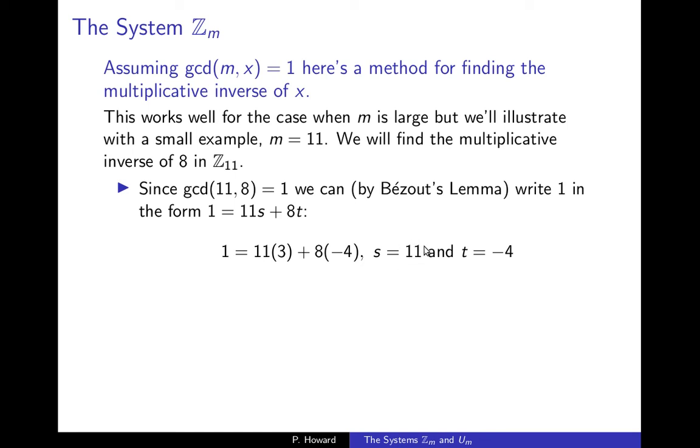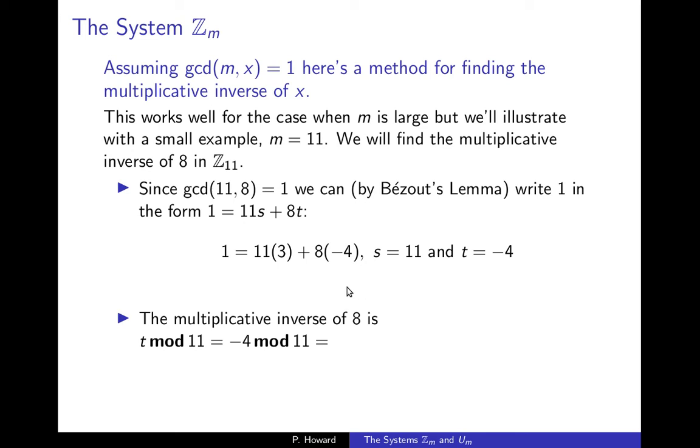A little typo here. The s should be 3, but the t is minus 4. So actually, this typo will not affect what we do in the next step. So I'm just going to ignore it.